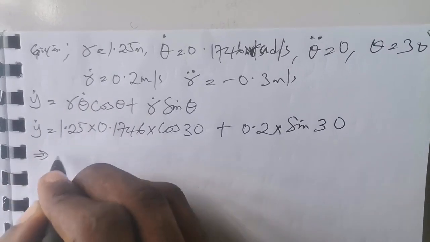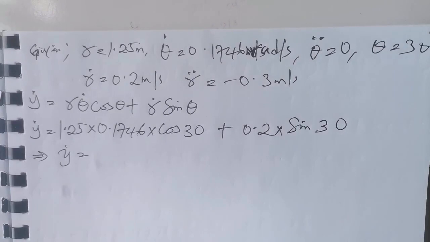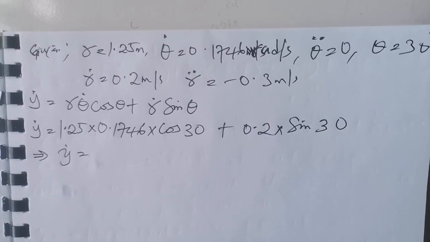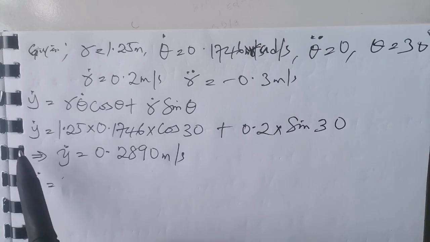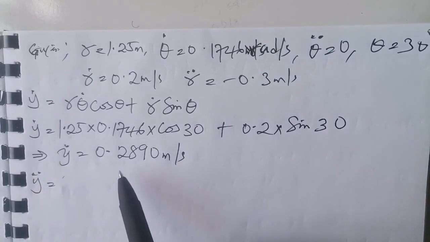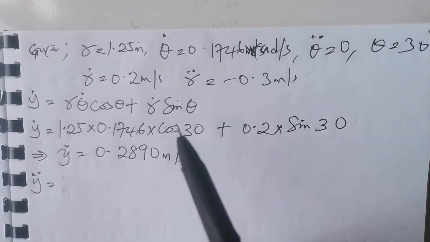So this implies that y dot is equal to, so I'm going to punch everything at once. Do well to punch along to confirm the result. Upon evaluation, we had our y dot equal to 0.2890 meters per second.